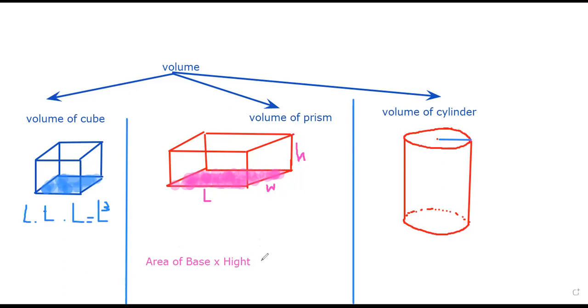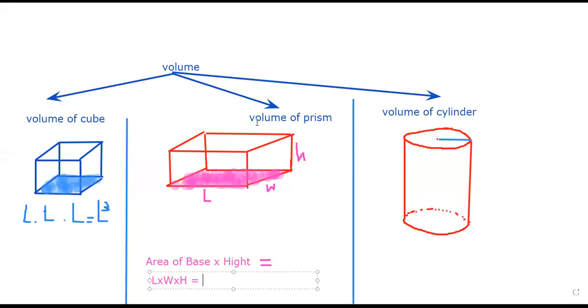So we can use two different rules for the volume of the prism: the area of the base times height, or length multiplied by width multiplied by height. This is a special case with the rectangular prism.